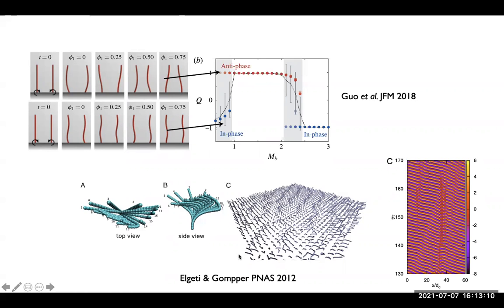Similarly, in the study below, they use a similar kind of switch where you allow the filament to reach a certain curvature, at which point it can change its motion. So you allow for this coupling, or a feedback mechanism, between the geometry that it achieves and how it's driven internally.